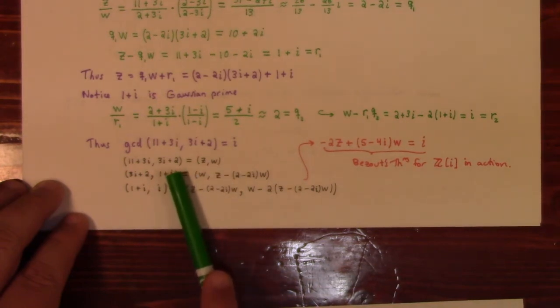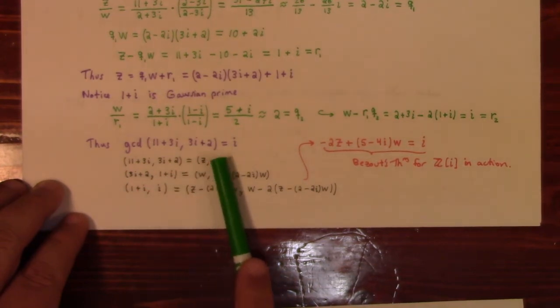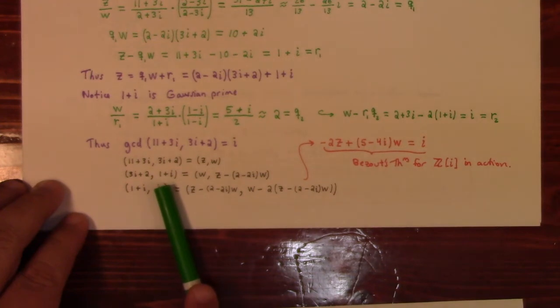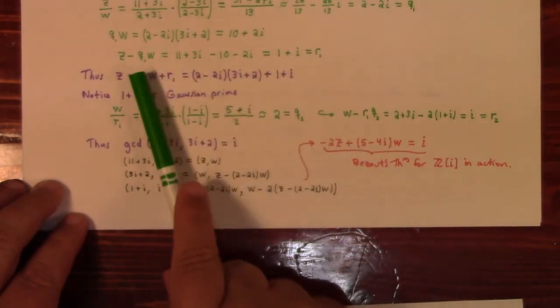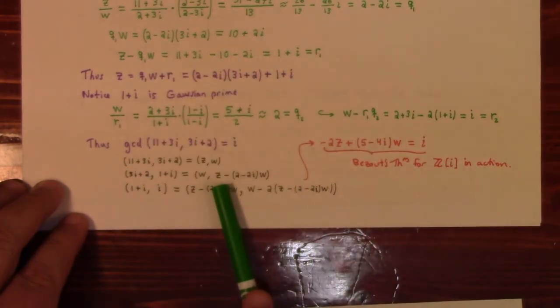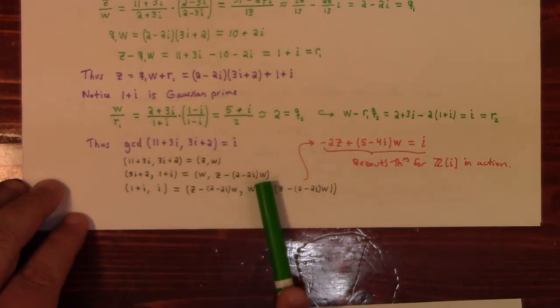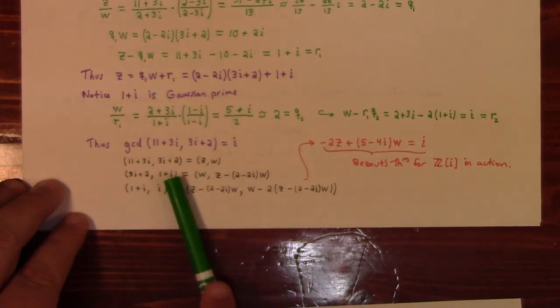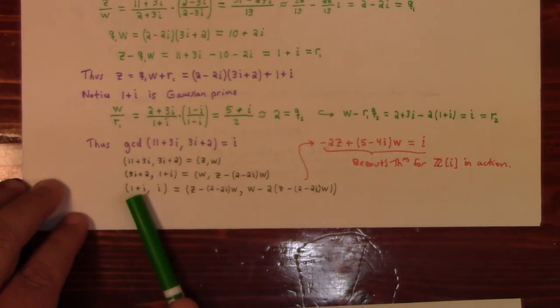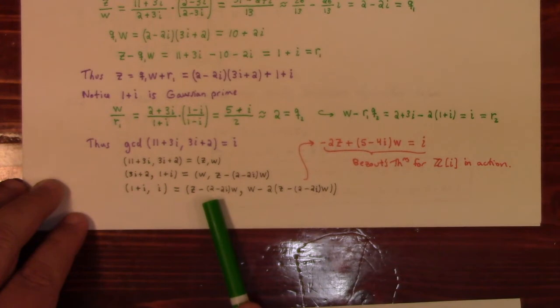Then I put the 3i plus 2 down there, which brings this w down here. And then the remainder was 1 plus i. How did I get 1 plus i? That was r1. I did z minus q1w. Well, q1 was 2 minus 2i, so there it is, z minus (2 minus 2i)w. Then we bring the first remainder down to here, and that brings this down to there. And how do I get that?